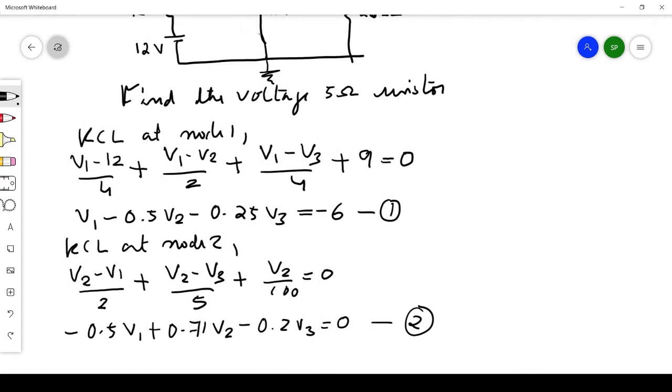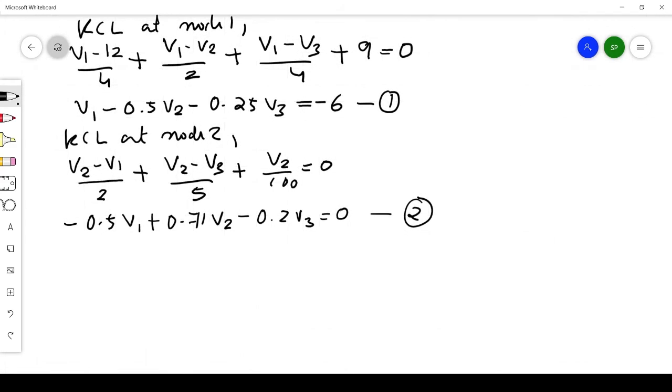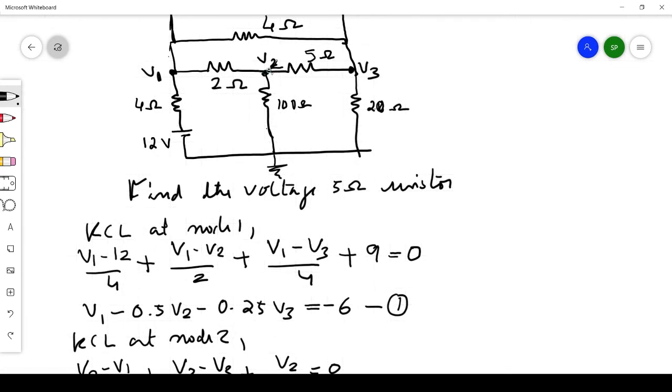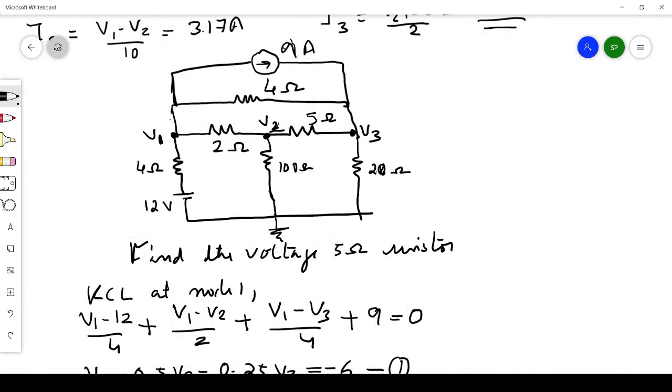So KCL at node 3: the current through this 5 ohm is (V3 minus V2) upon 5. The current through this 20 is (V3 minus 0) upon 20, so V3 by 20. The voltage across this 4 ohm is V3 minus V1, divided by 4. Then 9 ampere is coming towards this third node.